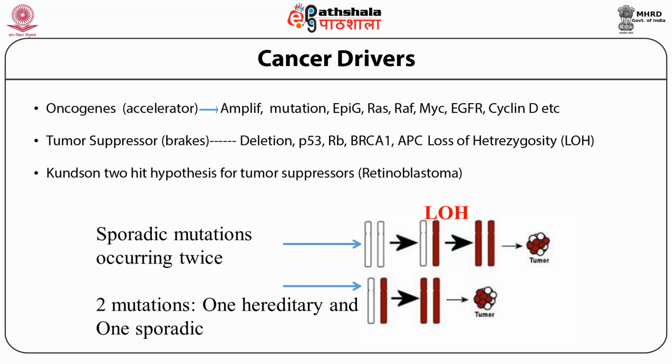When the second hit happens, both become mutated, the red bars, resulting in tumorigenesis. In the familial case, one mutated red bar is inherited from the parent, and another occurs during their lifetime, again leading to total loss of function. This is best described by the example of retinoblastoma, which is a childhood eye tumor.